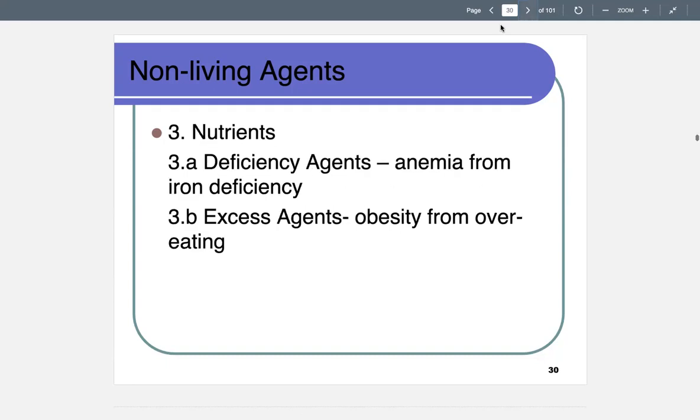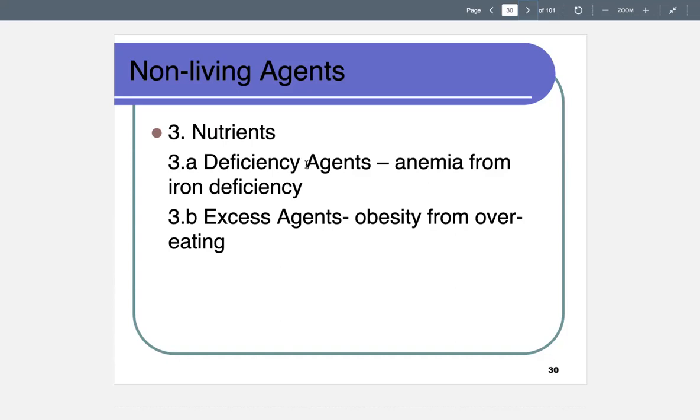And aside from chemicals, also the nutrients. Kapag kulang ka ng nutrients, that could also develop a disease. Kapag naman sobra, magkaka-develop din ng disease. So in the nutrients, merong deficiency agents, yung merong kulang na nutrients in your body.